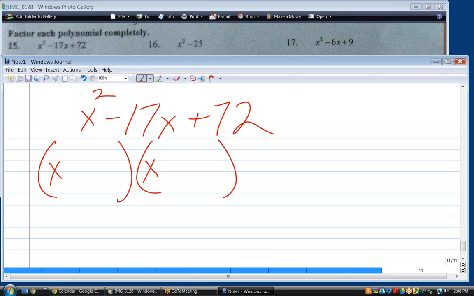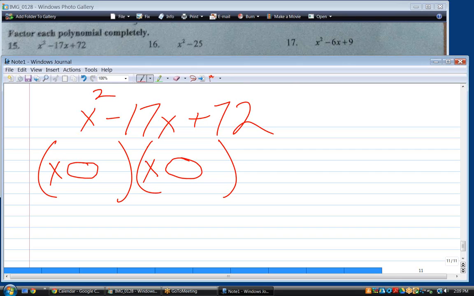Yep. Okay. Step 2, and this is very important. This is the one where most of my students fail, is they forget to do step 2. Step 2 is to determine what the signs are going to be. In other words, what is my sign? Is it going to be plus or minus there or plus or minus there?